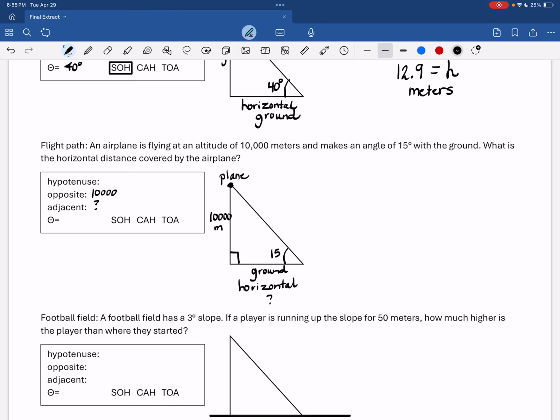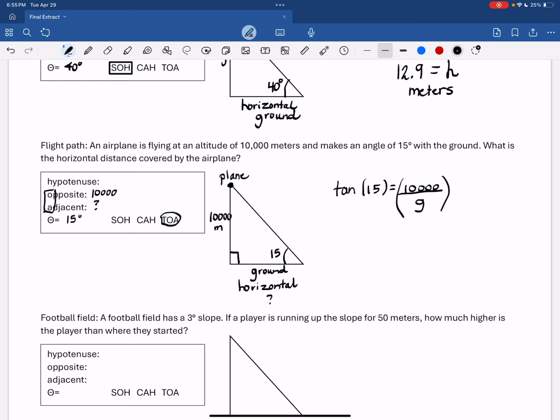So we need a ratio that puts O and A together, and we know theta is 15 degrees. So this is TOA. Tangent of 15 equals opposite over adjacent. And I tell you what, I'm going to use G for ground.